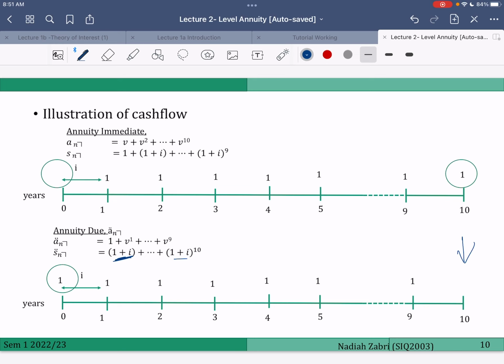So this one will be which payment? This payment. We are just accumulating it by 1 year. And then the last term is this payment, and you need to accumulate it by how many years? From 1 until 10, 10 years. So that's why it's 1 plus I to the power of 10.